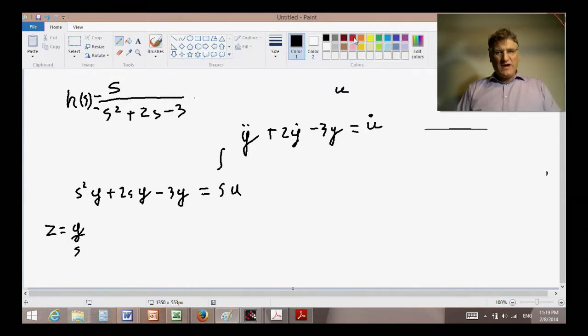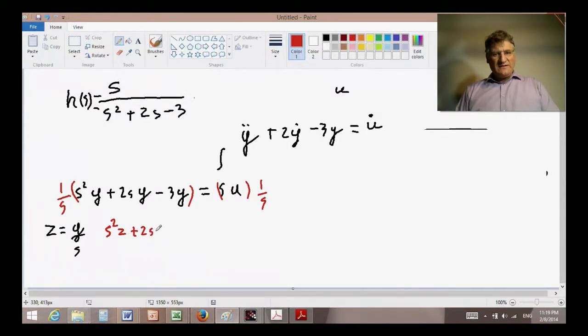Once I multiply by 1 over s here and there, if I define z is equal to y over s, I will obtain the corresponding equation: s squared times z plus 2s times z minus 3z is equal to u.